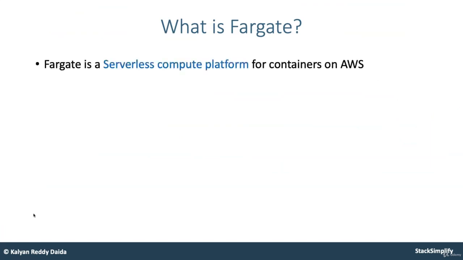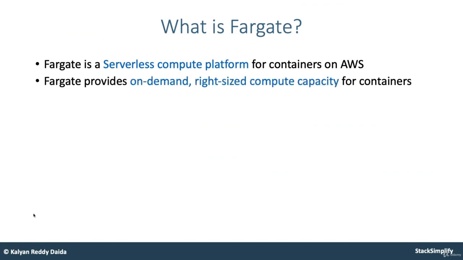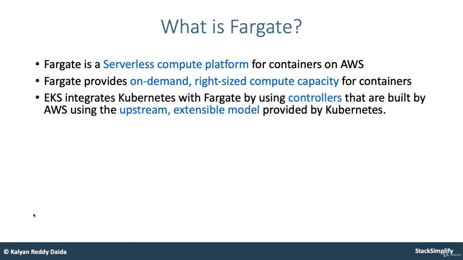So Fargate is a serverless compute platform for containers on AWS. Fargate provides on-demand, right-sized compute capacity for our containers. EKS integrates Kubernetes with Fargate by using the controllers that are built by AWS using the upstream extensible model provided by Kubernetes.